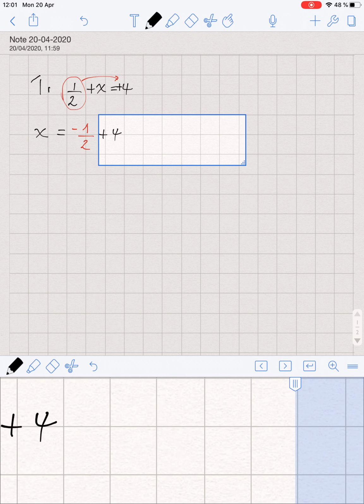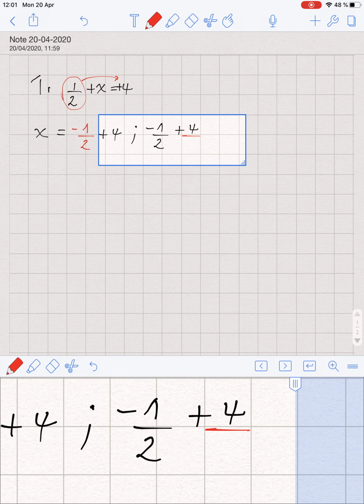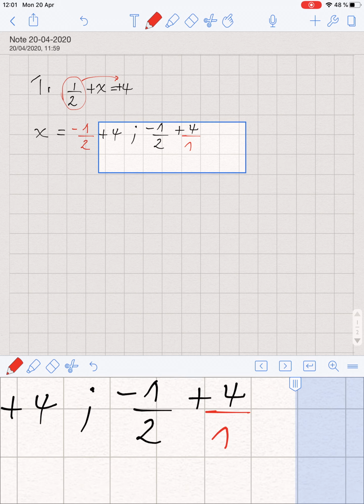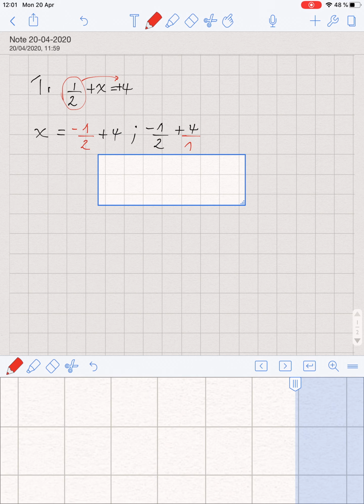Finally, we need to complete the expression by doing the operation between the fractions. Now, to remind how to develop this kind of operation, we will have plus 4. Now we need to convert it into a fraction by putting 4 over 1. In this case, we have unlike denominators.